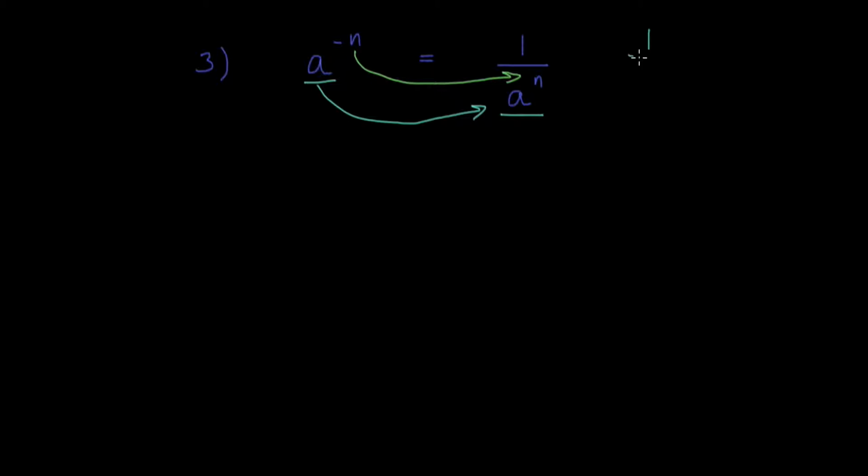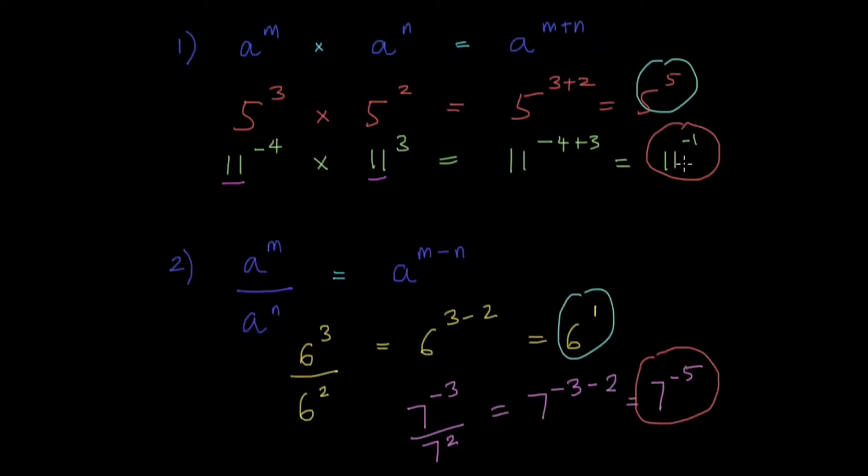You go 1 over the same thing here, except the exponent becomes from negative to a positive. So let's look at the previous example. Here we had 11 to the negative 1st power, so this would be 1 over 11 to the 1st power. And anything raised to the 1st power gives us the value itself, so this is just 1 over 11.